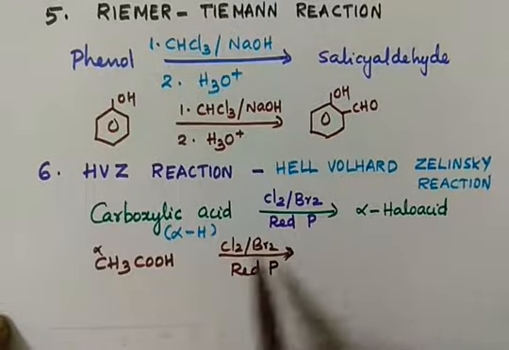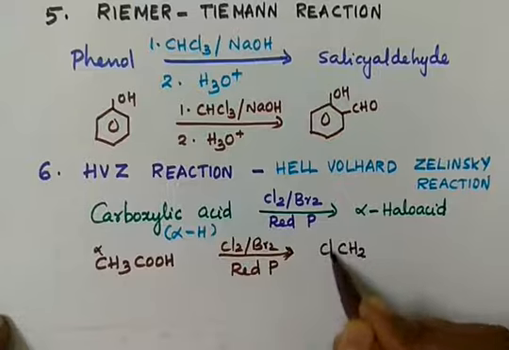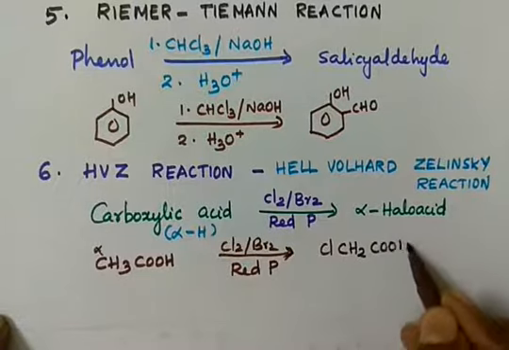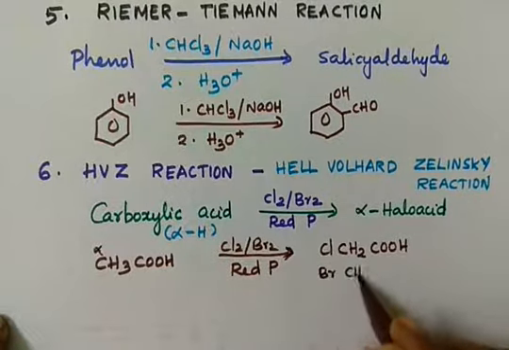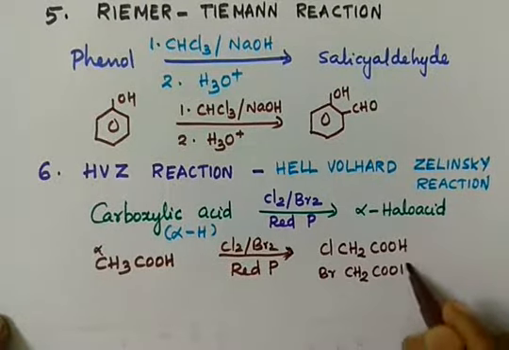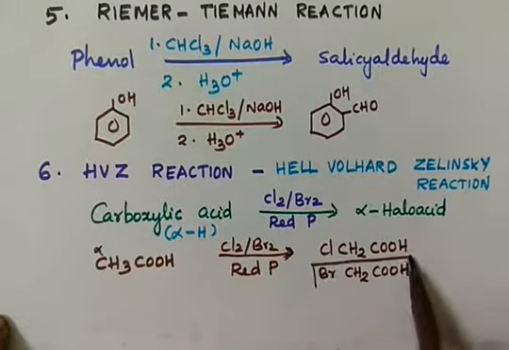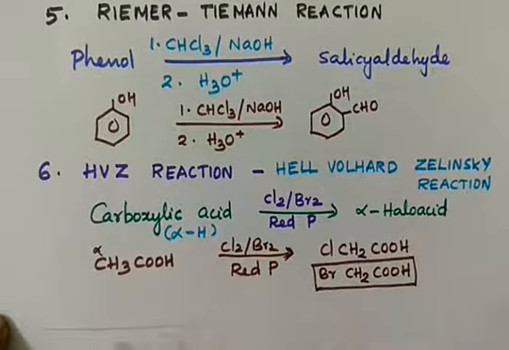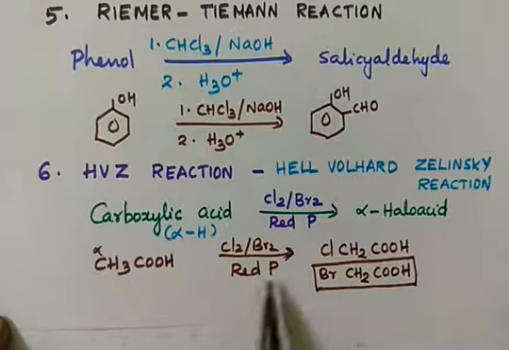If it is chlorinated, it gives CH2ClCOOH. Or if it is brominated, it gives BrCH2COOH. Okay, the hydrogen of the alpha carbon is replaced by the halogen when it is treated with halogen in the presence of red phosphorus. This reaction is called the HVZ reaction.